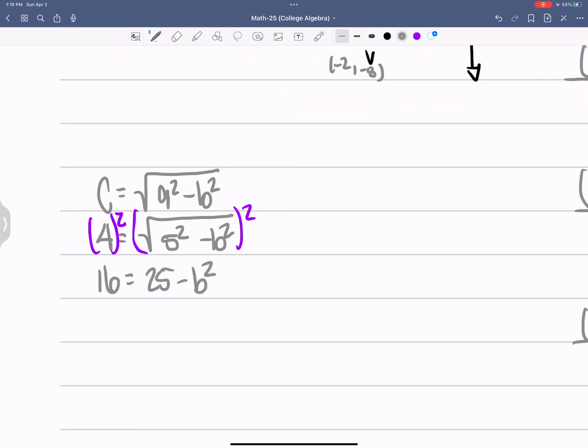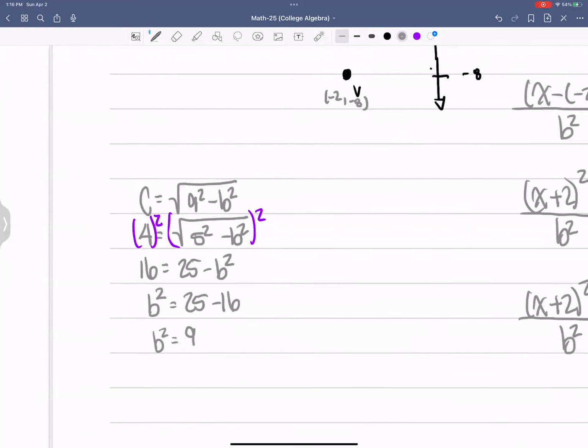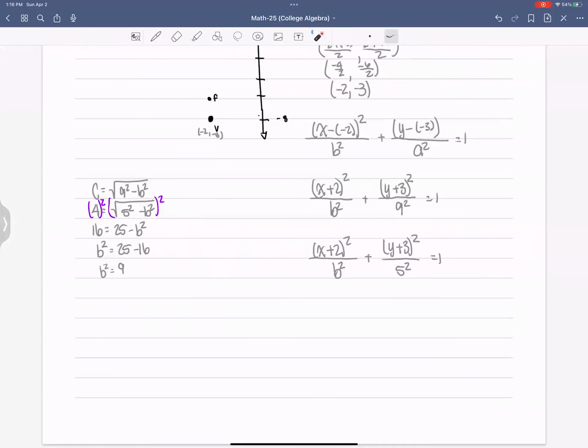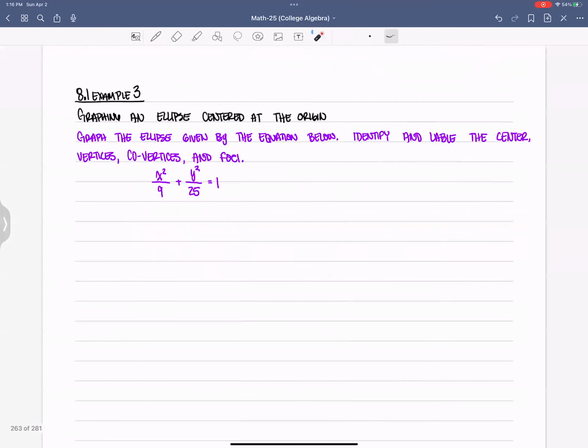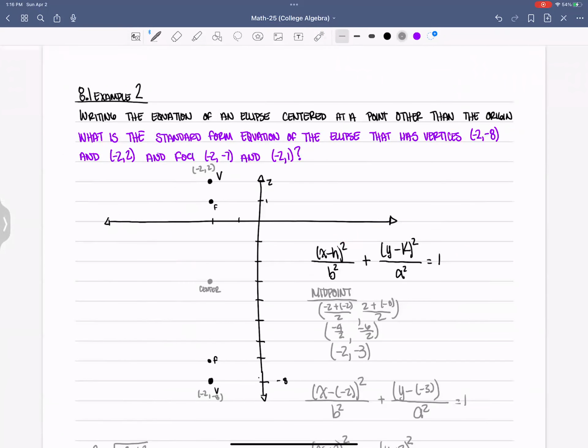With a little bit of math, we have b squared is equal to 25 minus 16, giving us b squared is equal to 9. And we don't have to take the square root because what they're asking for is already b squared. So we just have to fill that part in.